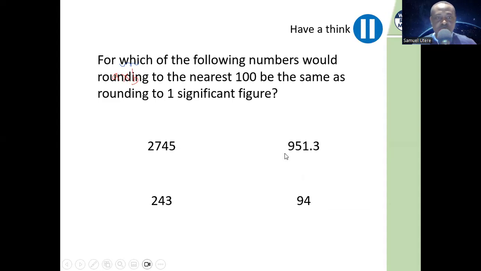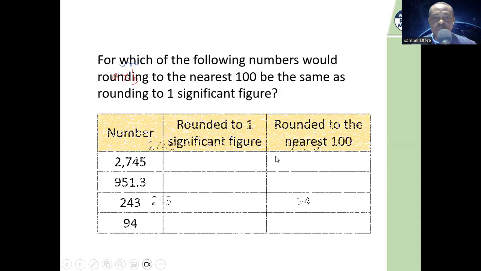So pause the video and think, which of these numbers that you round to one significant figure will give you the same value that you would get if you round to the nearest 100? Well, it will be helpful to put it in a table like this and to work through it. So I'll give you time to do that. Pause the video and do it in 2 minutes.